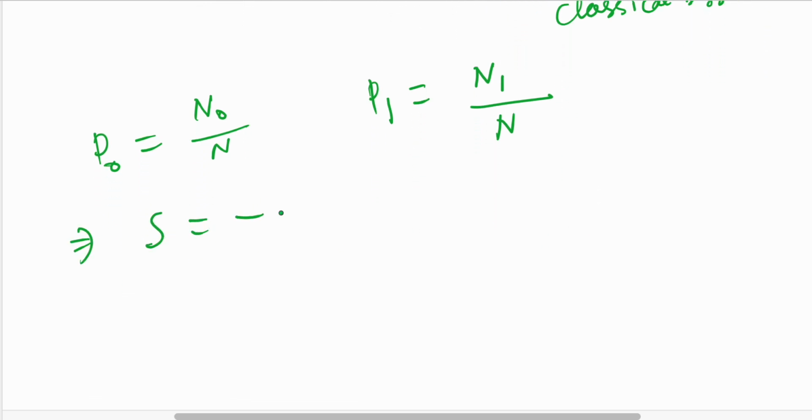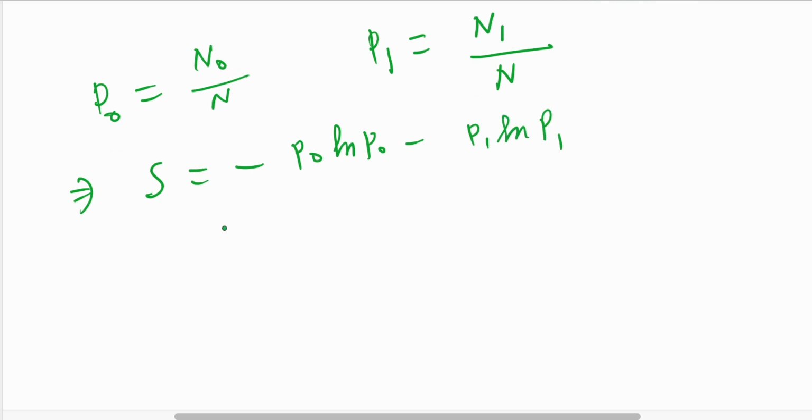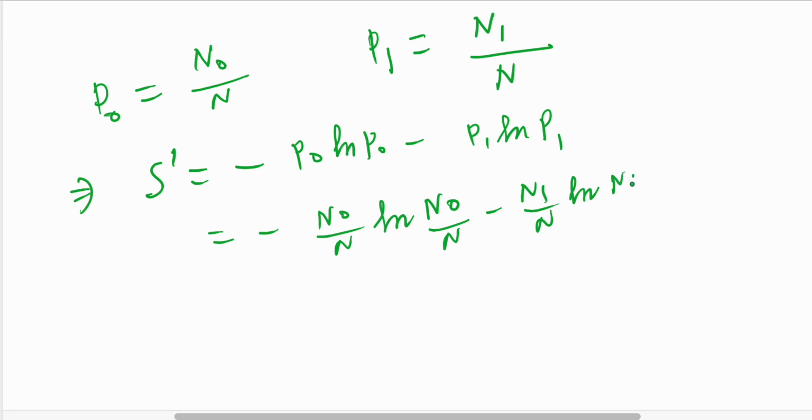Shannon entropy will be minus P0 ln P0 minus P1 ln P1, which is minus n0 by n ln n0 by n minus n1 by n ln n1 by n. Okay, this is the Shannon entropy.